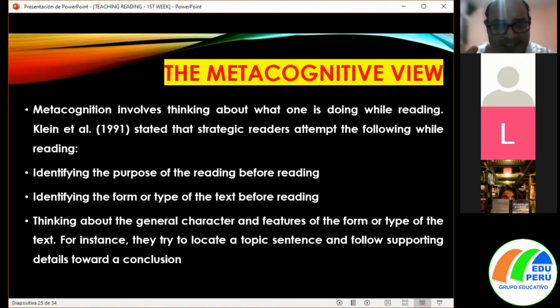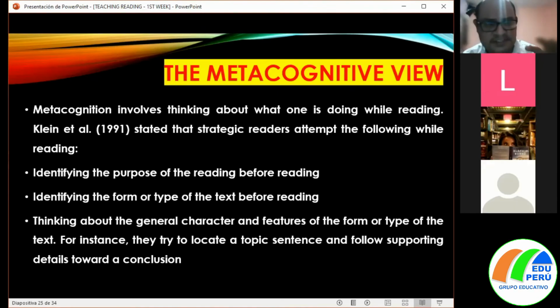With this topic sentence, you look for some supporting details, because you have the topic sentence and then some details. And with that, you get to a conclusion. Yes, Lucy, the topic of the text that you're reading, all right?